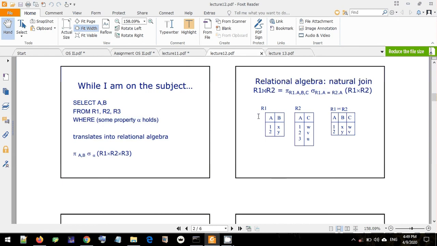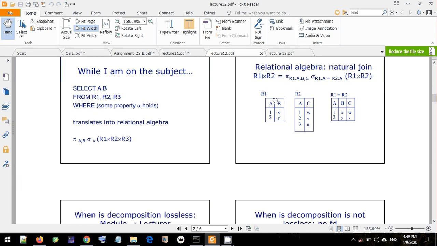Now we have two relations, R1 and R2, each having two tuples, AB and AC respectively. The natural join of these two will be where the condition holds, where A of R1 is equal to A of R2.